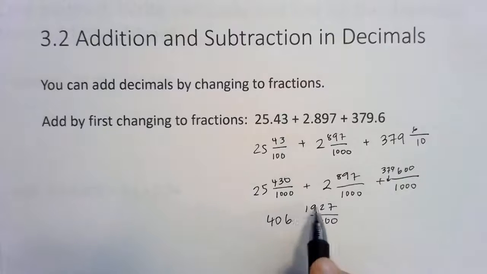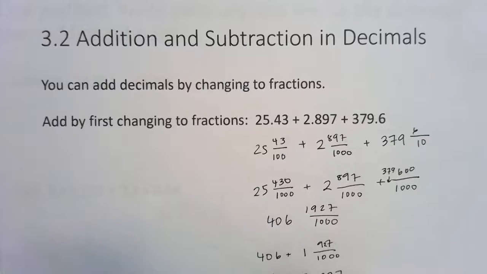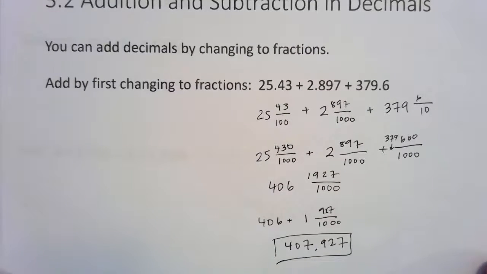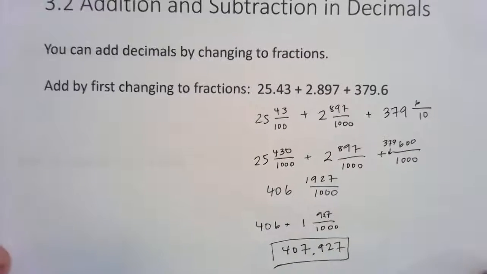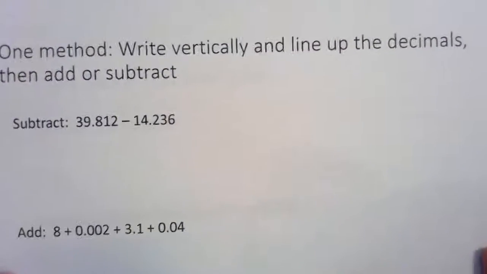So you can rewrite this as 406 plus 1 and 927 over 1,000. Then this is 407 and 927 thousandths. Okay, so that's one way you could do it. You can change to fractions, and then add the fractional parts together and add the whole number parts together.